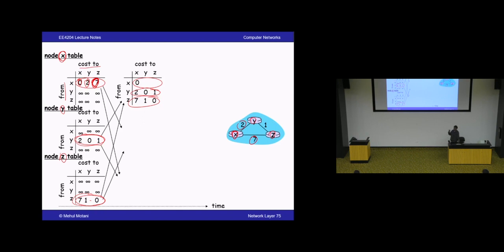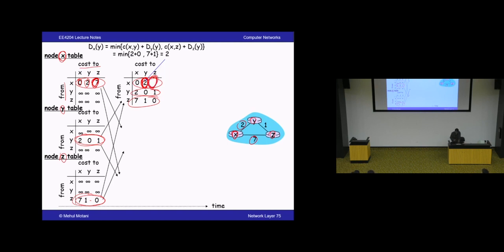So here's X running Bellman-Ford. It's going to do it first for this entry, dxy. It's going to say, okay, I can route to Y myself directly, or I can go through Z. And well, that doesn't change because the route through Z costs more. So this stays the same. And what about this one?